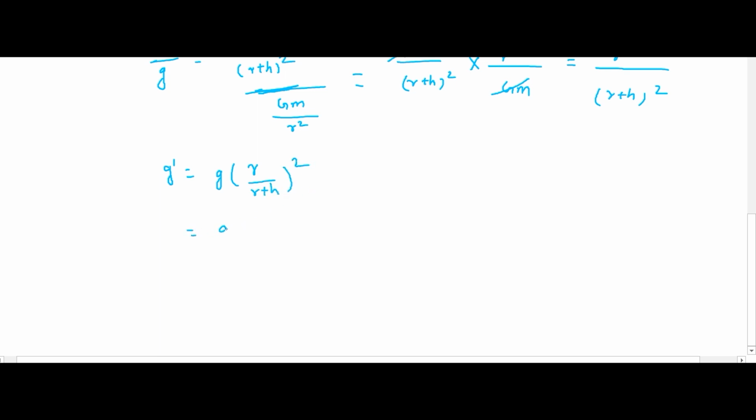So the value of g is 9.8, the radius is 6.4 into 10 to the power 6, and here the radius is 6.4 into 10 to the power 6, and the height is 9850, whole square.